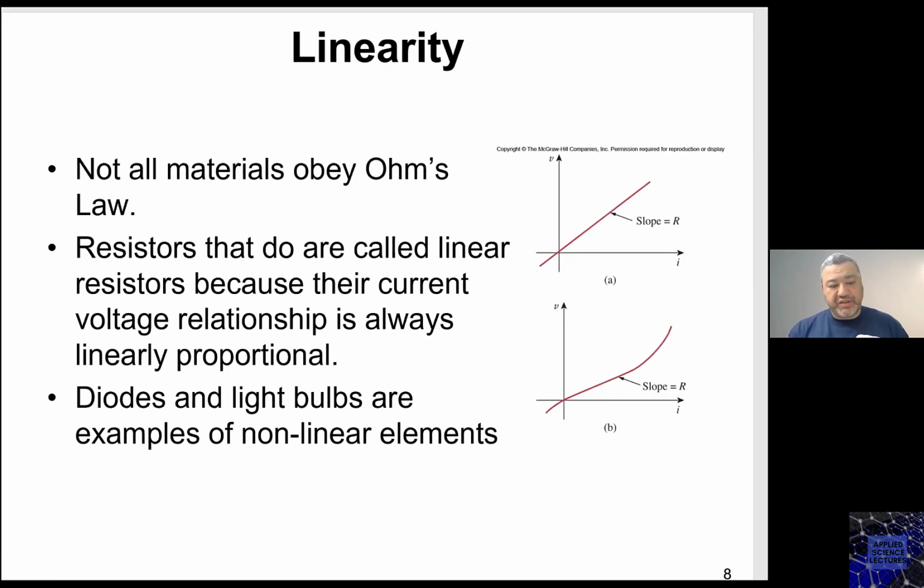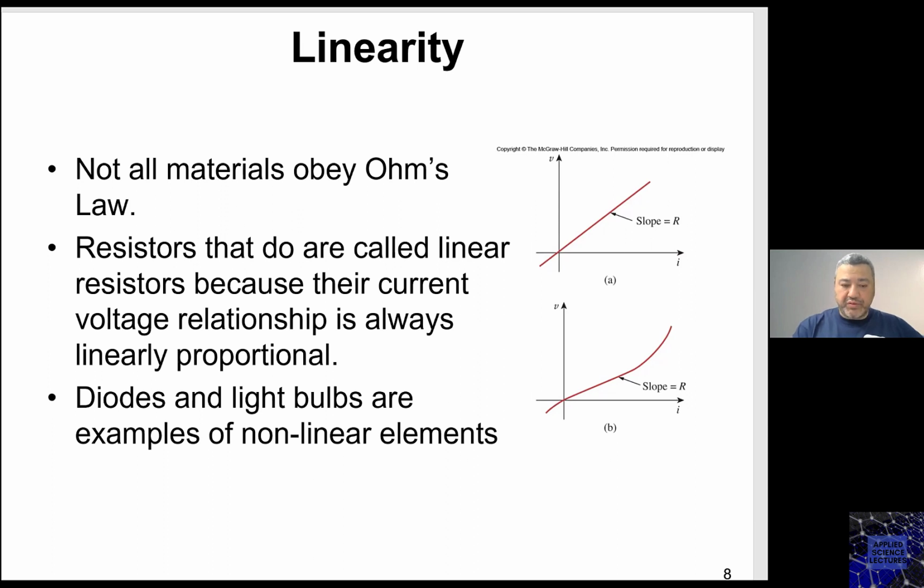Linearity for the resistors basically means that I have a constant resistance along the range of operation. My resistance is not changing along the range of operation, and this is expected for those resistors that they do have a constant resistance.